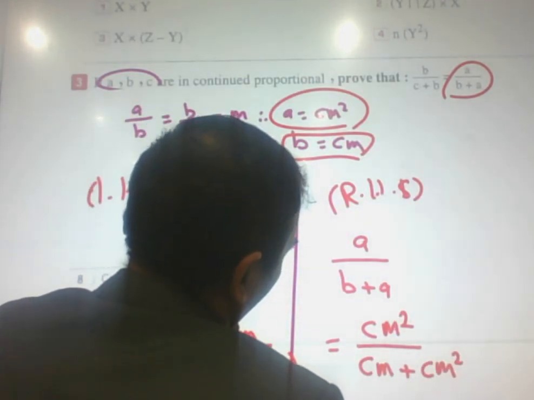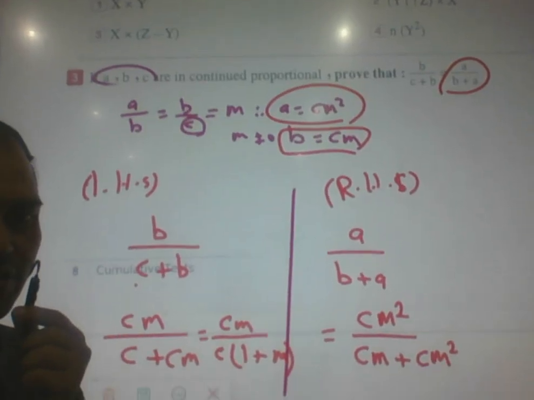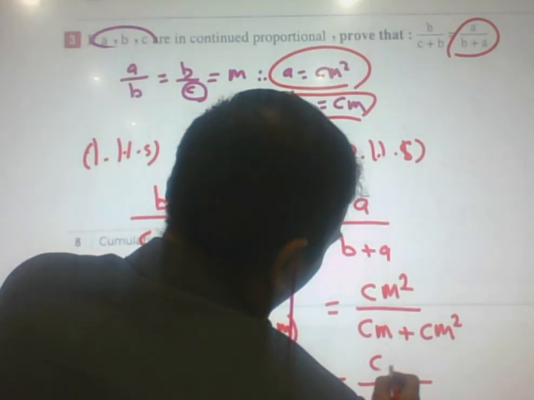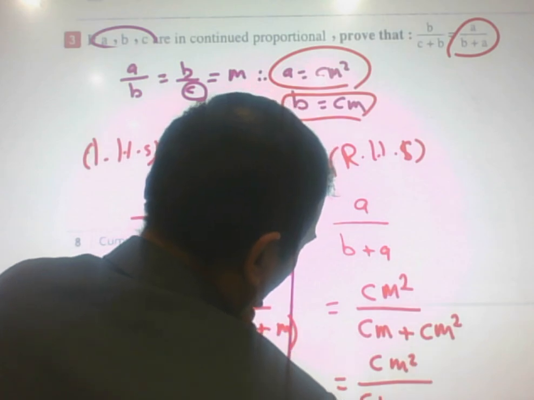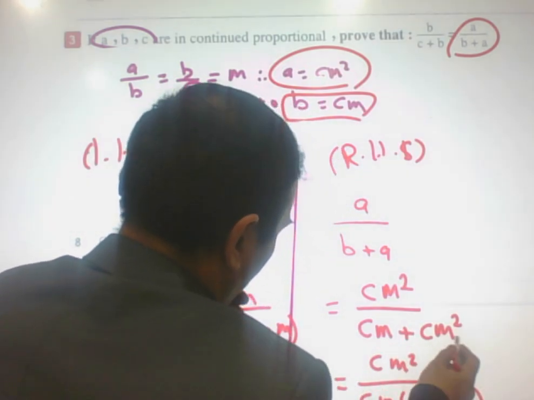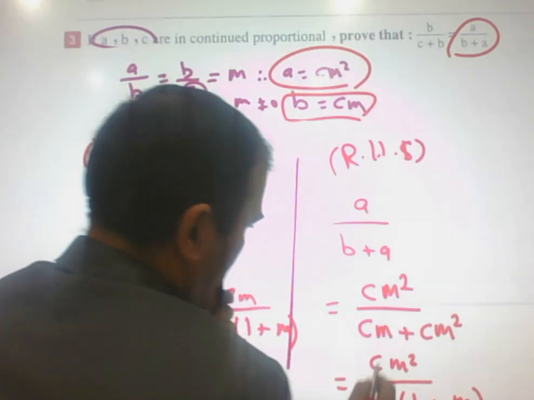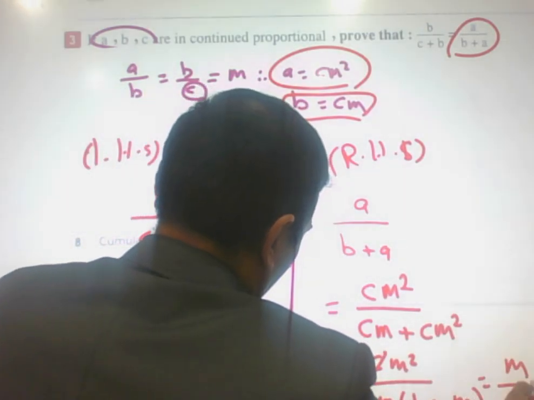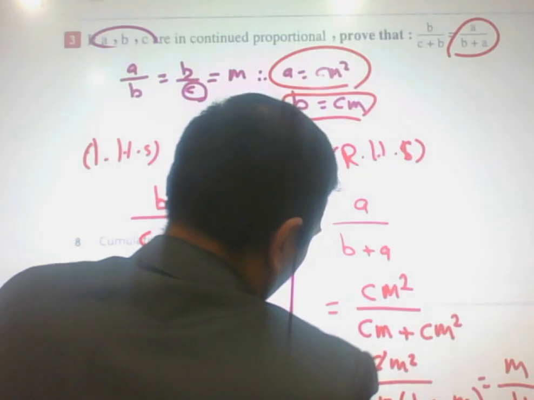Now I will write the common factor between the two numbers: the common factor down is Cm, repeated. Then open the bracket: Cm divided by Cm equals 1 and Cm squared divided by Cm equals m. Then C divided by C equals 1 and m squared divided by m equals m. And down we have 1 plus m.